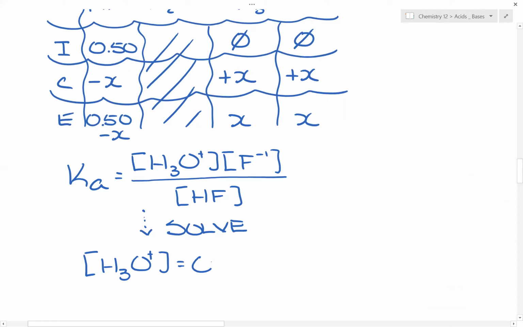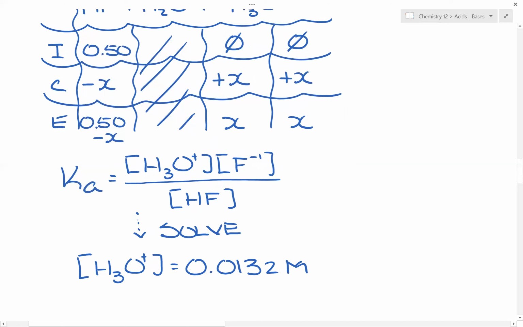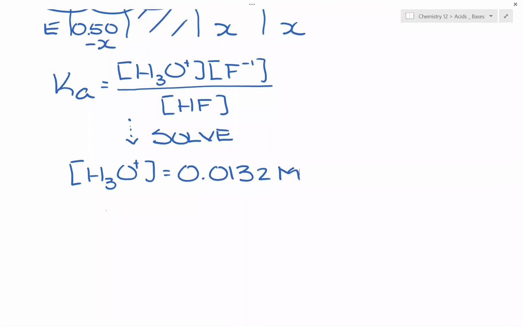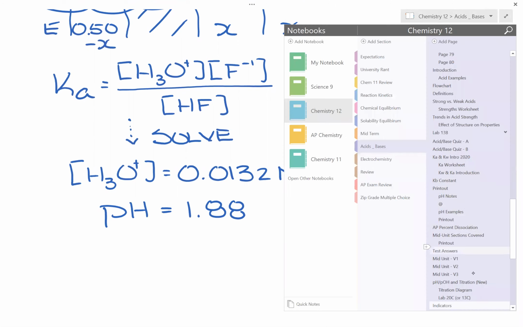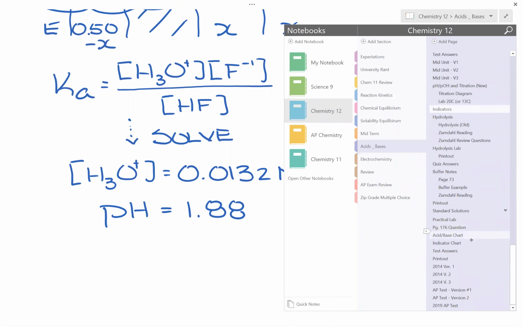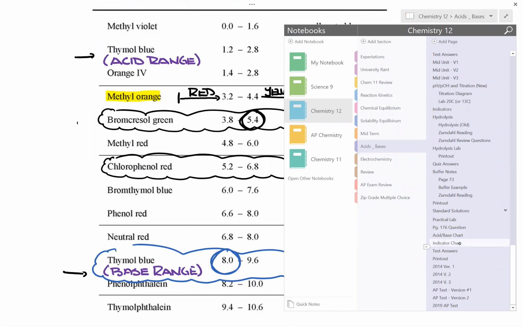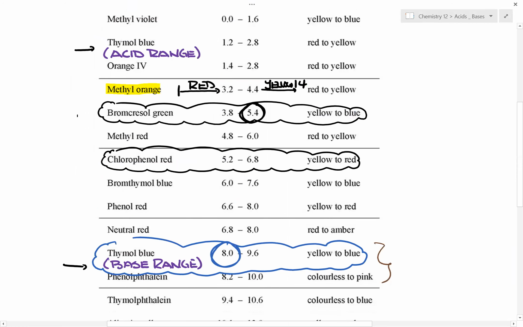So here would be 0.0132 molarity. Then you would go pH, you take the negative log, and it would be 1.88.